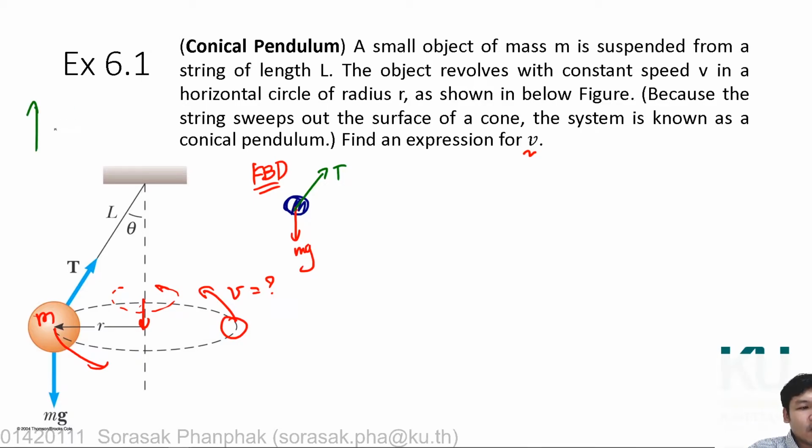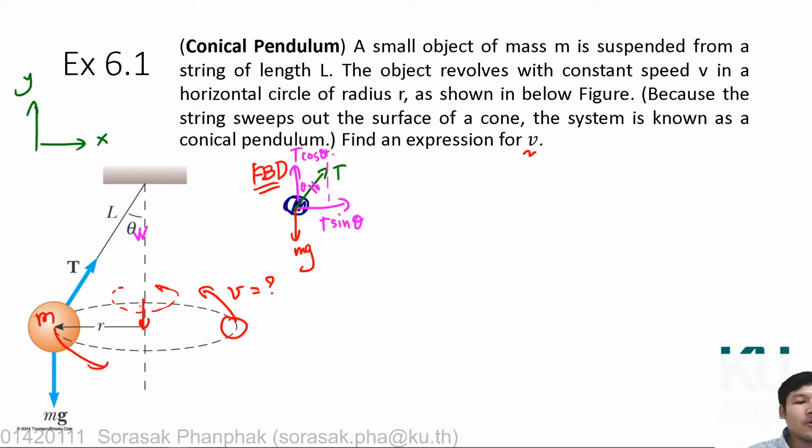You have the components x and y, so you can break the tension T into vertical and horizontal components. Since you know this angle here is theta, this is also theta. This is your T cos theta, and this is your T sin theta.